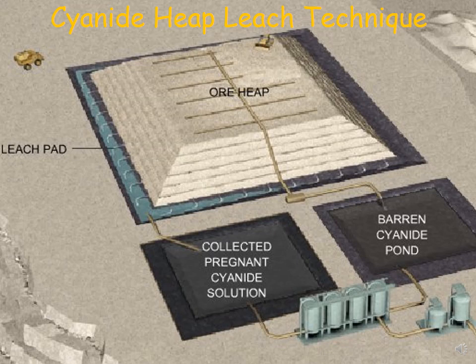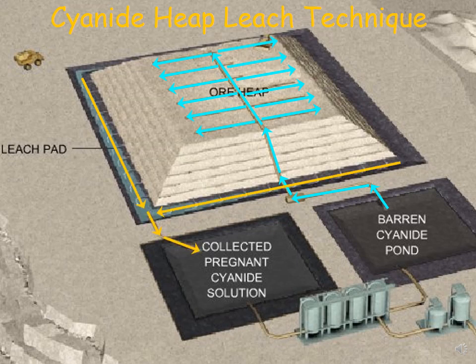So here's an example of a cyanide heap leach technique. It starts off by piling up gold ore onto a lined pit, and then you pump cyanide onto the top of this heap, and it percolates down through the ore, collecting gold from the ore on the way down.